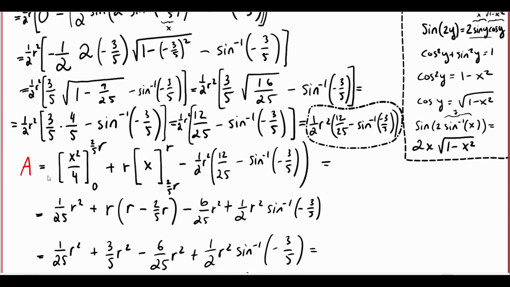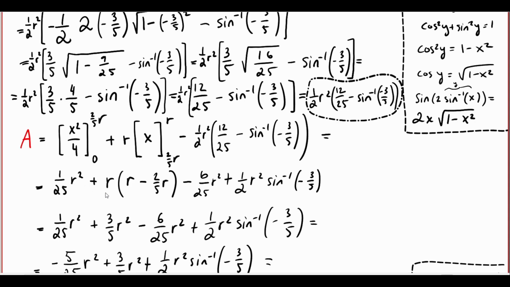So this integral becomes, we take this 2 over 5r and square it, and then we divide by 4, we get 1 over 25 r squared. And then we have r times, we insert this one here, and then we get r minus 2 over 5r, this thing here.